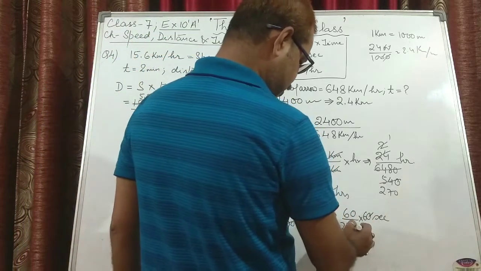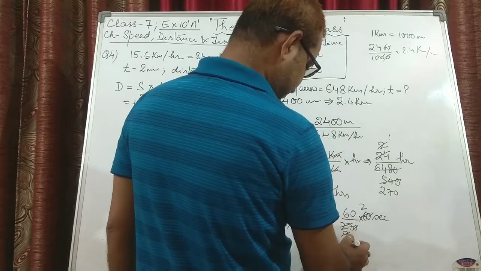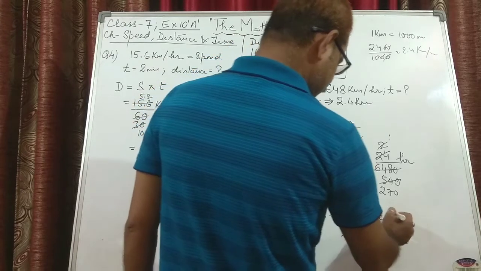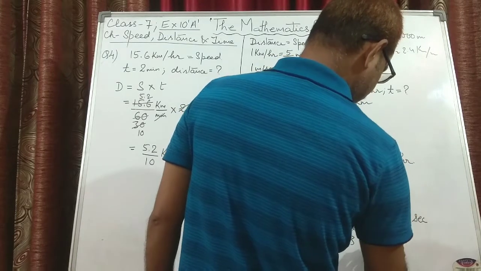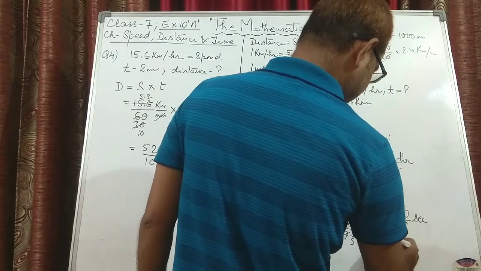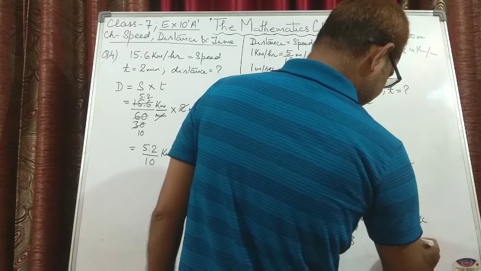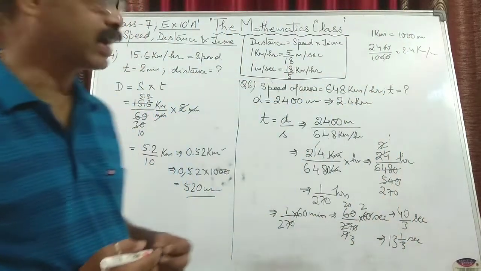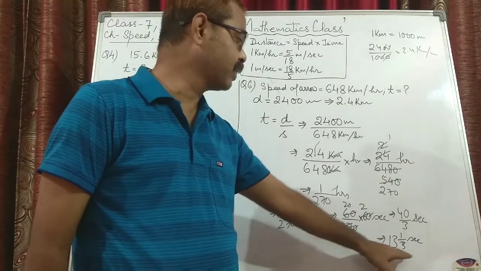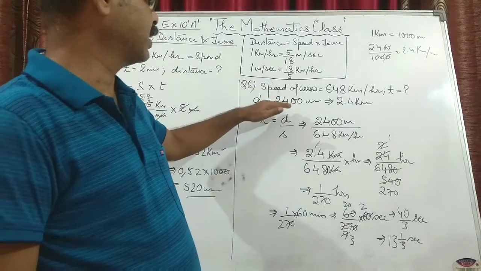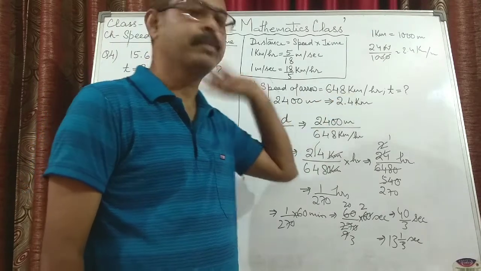So 0 and 0 cancel, 3 2s are 6, 3 9s are 27, 3 3s are 9, so 2 2s are 4, 40 upon 3 seconds, or if you want to convert, 3 1s are 3, 3 3s are 9, and 40 upon 3 seconds. 13 whole 1 upon 3 seconds is the final value, means that the arrow will take 13 whole 1 upon 3 seconds to travel a distance of 2400 meters at the speed of 648 km per hour.